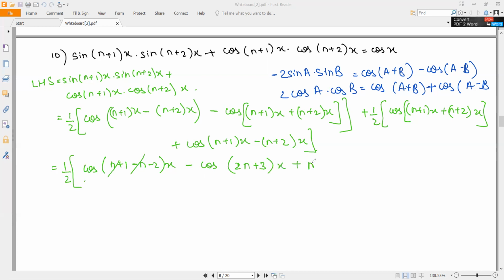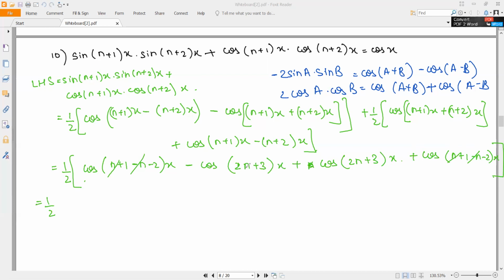plus cos of 2n plus 3 into x plus cos of n plus 1 minus n minus 2 into x. This is equal to 1 by 2.